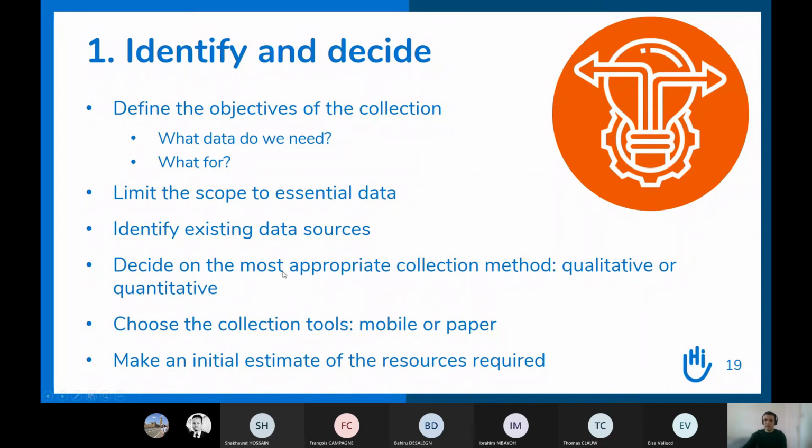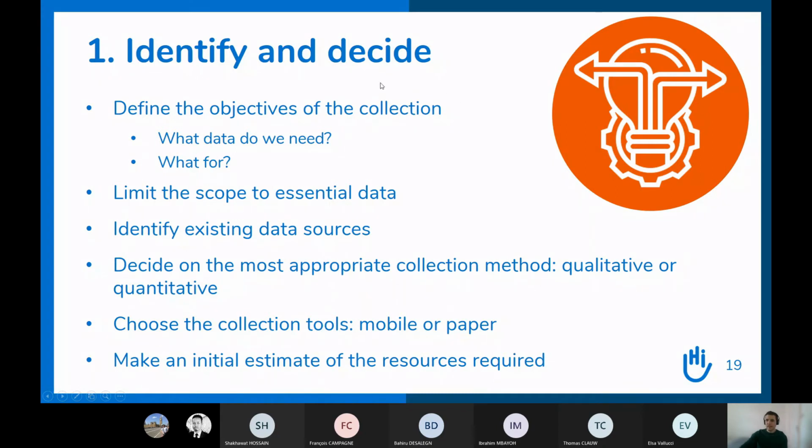Also, at this stage, it's where you are going to choose the collection tools, decide whether you can use mobile data collection, or if you want to have more paper data collection. And you can also, in this step, start to make an initial estimate of the resources that you will need.